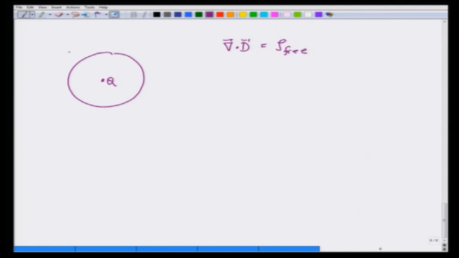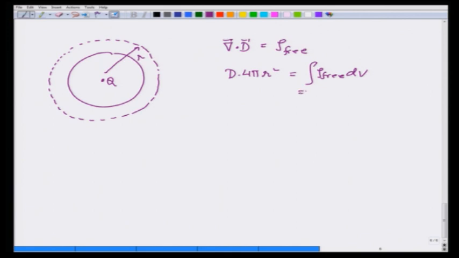So now I can use Gauss's theorem outside, and that will give me D times 4 pi r square, if the radius of this outside sphere is r, is equal to integral of rho free dV, which is q free.